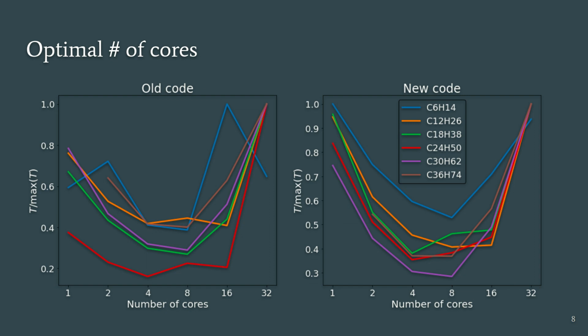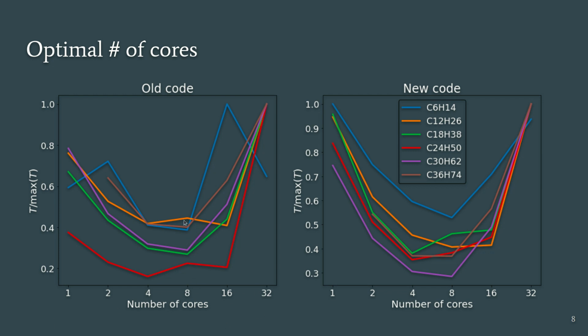The last thing that we studied was how the number of cores affects the runtime. As you may have also noticed previously, these kinds of runs don't necessarily go monotonically down in time with the increase in number of cores.